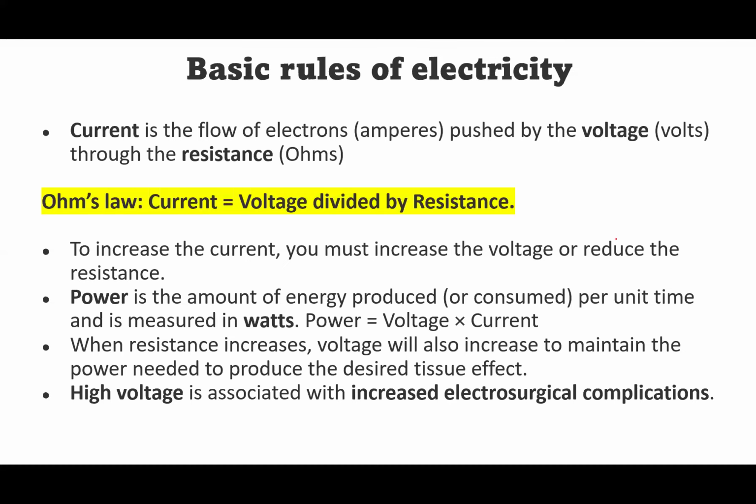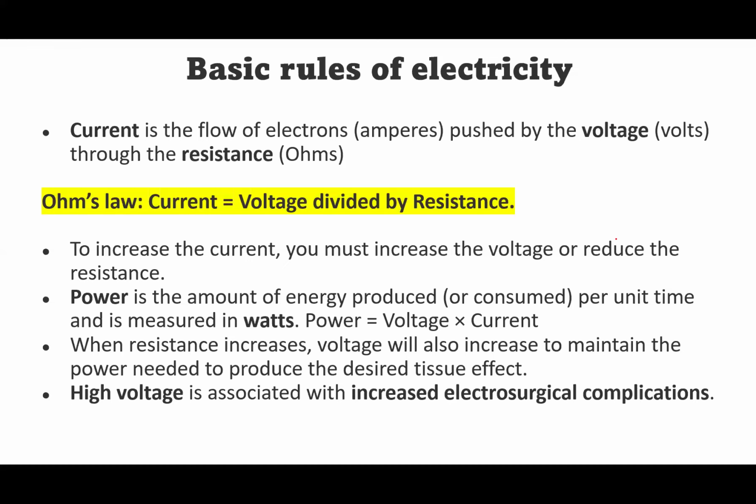High voltage is associated with increased electrosurgical complications. If you remember the golden statement we made at the beginning of this lecture, if you are to go home with a single point from this lecture, it is to produce the desired effect with the least amount of energy.